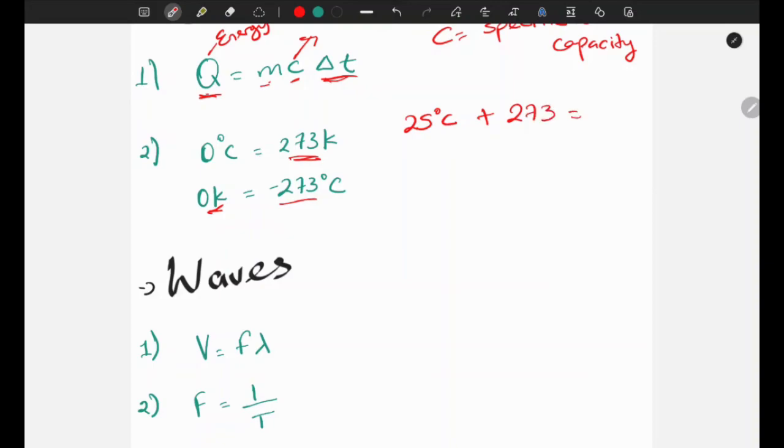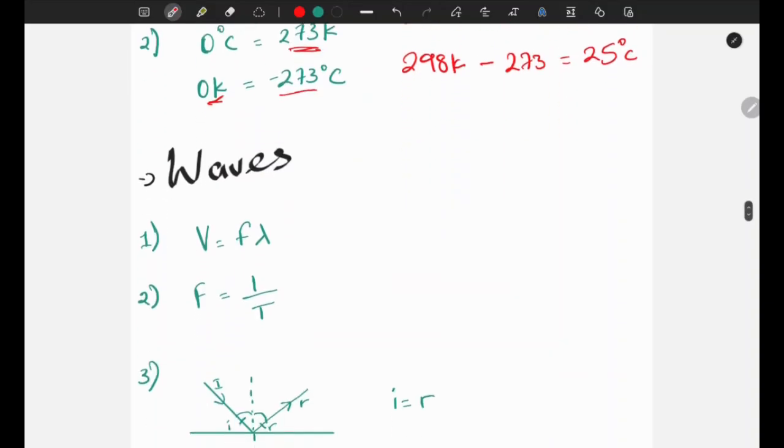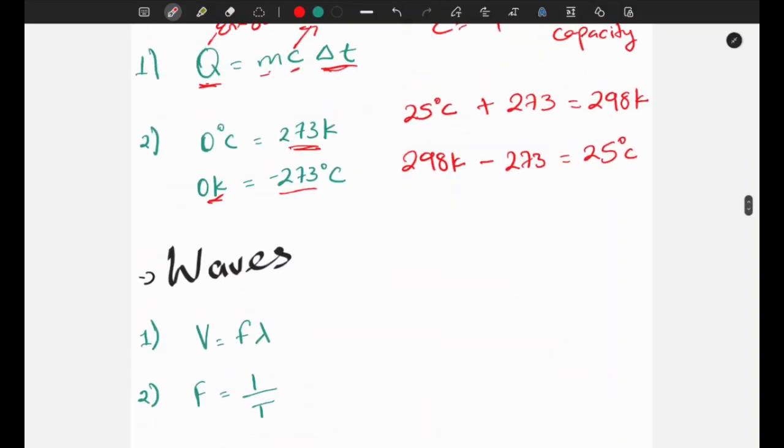That would be 298. To convert from Kelvin, if you have 298 kelvins, we just subtract 273 and get 25 degrees Celsius. Now, this type of question has been popular recently, so make sure you know how to convert.